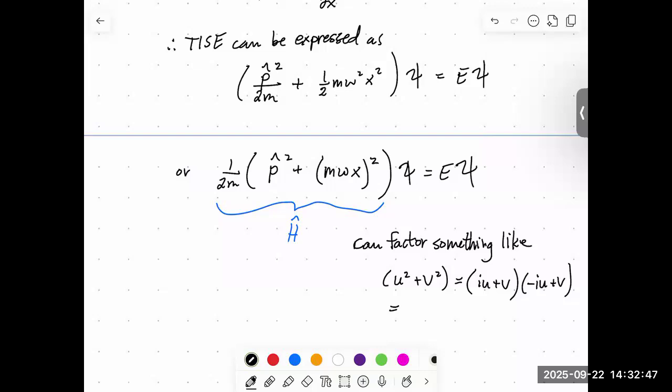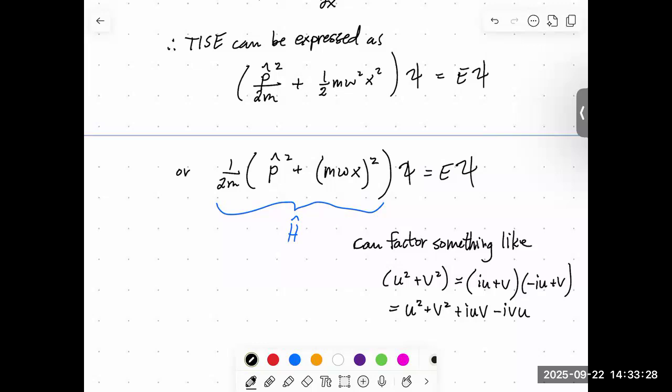You're going to get u squared times minus i squared. But i squared is minus 1, so you just get u squared. Then you get v times v, which is v squared. And just to make a point, I'm going to write this as plus i u v, and then minus i, and I'm going to preserve the order of this: v times u.